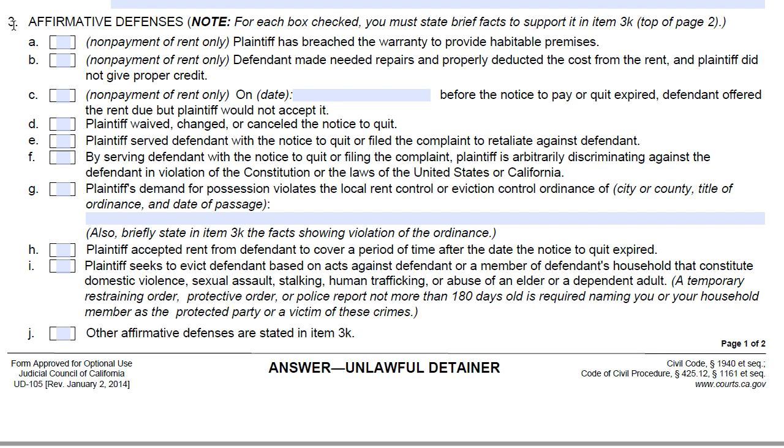So we're now at number 3, where you list your affirmative defenses. The first set of defenses are prepared standard form defenses that are the most common. You'll just need to check the box for what you are going to be alleging. So let's look at them one by one. Letter A says plaintiff has breached the warranty to provide habitable premises.